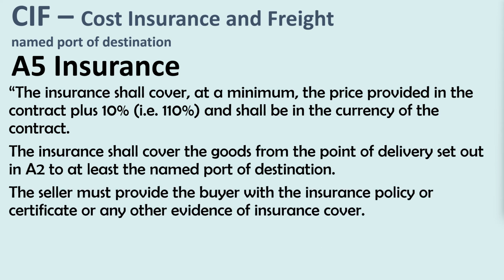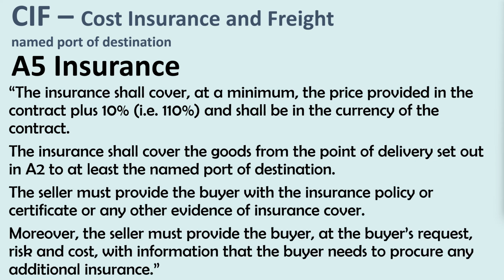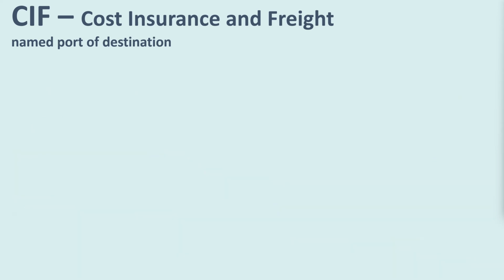The seller must provide the buyer with the insurance policy or certificate or any other evidence of insurance cover. Moreover, the seller must provide the buyer, at the buyer's request, risk and cost, with information that the buyer needs to procure any additional insurance.